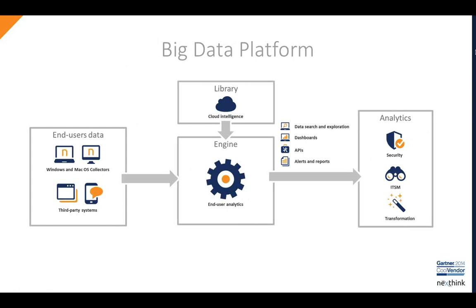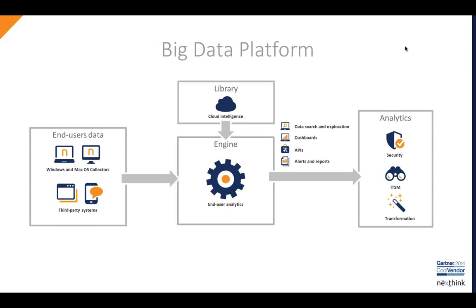Another question is about the size of the customer. This solution is completely flexible in terms of size. The average size of a customer is very hard to say because it can be a very small IT department with about 100 to 200 machines, to a massive organization that has hundreds of thousands of machines.